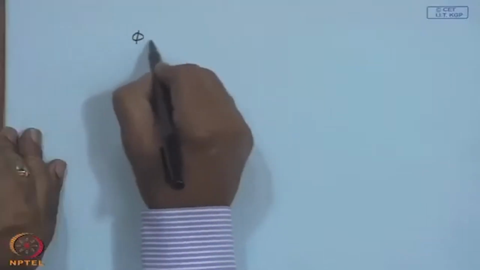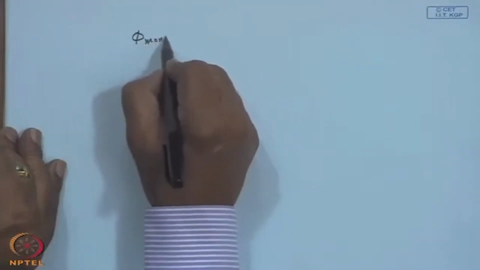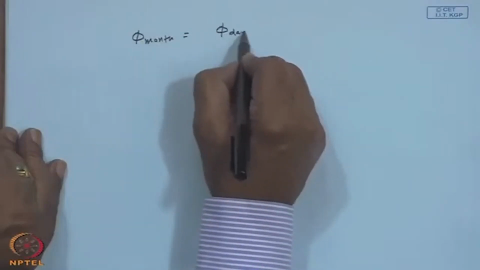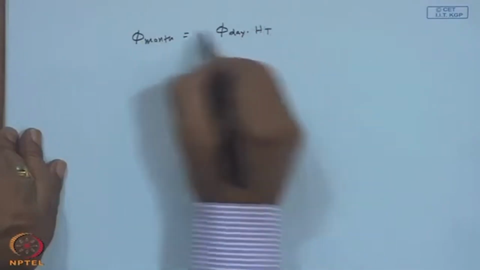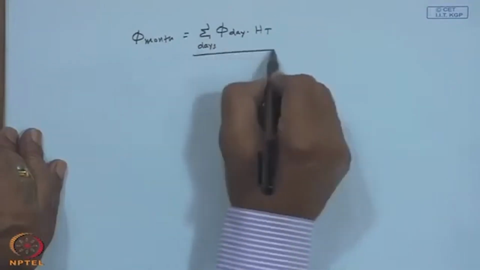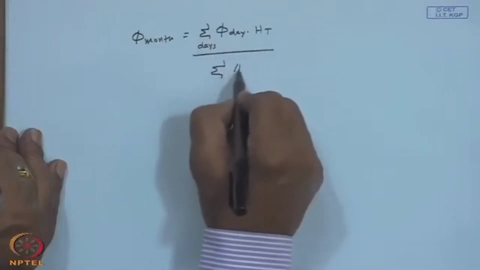So, this concept can be applied for a month. If you want it for a month, I can say that sum over the days of the radiation above critical by H t sum over the days.